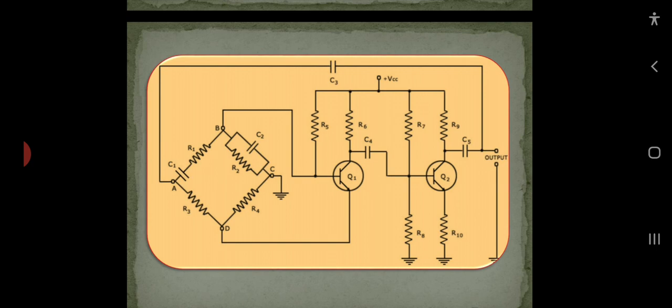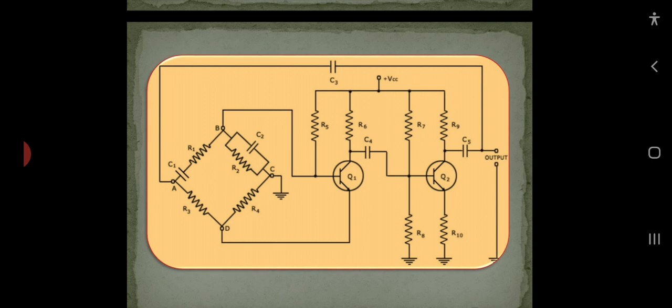And the most important thing with this oscillator, here we have a bridge of resistances and capacitors, bridge A B C D. Arms AB and BC are called the lead lag network arms. Here there are combinations of resistor and capacitor. In case of AB, there is a series combination of R1 C1, and in case of BC, there is a parallel combination of R2 C2.